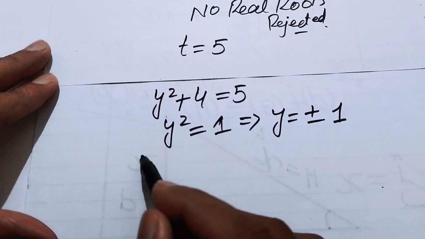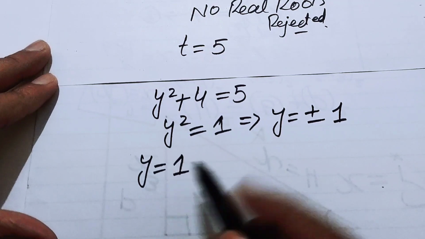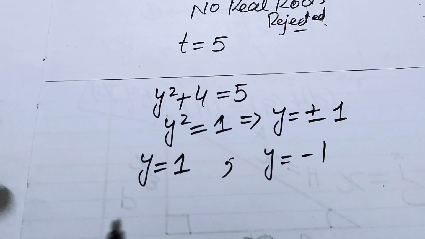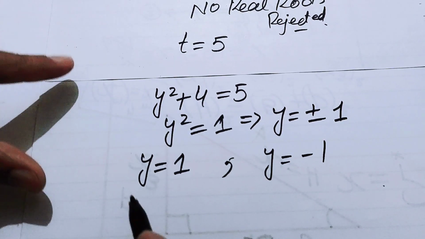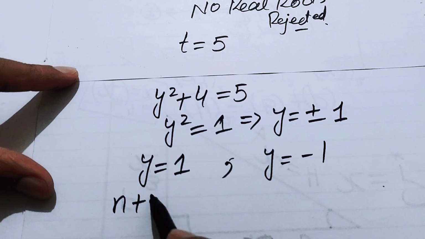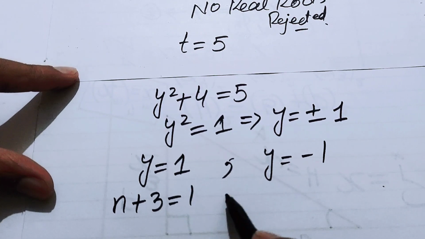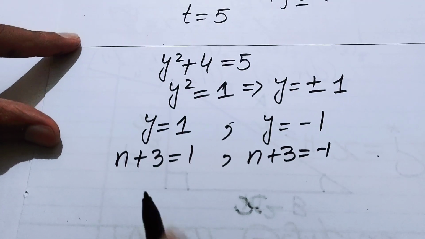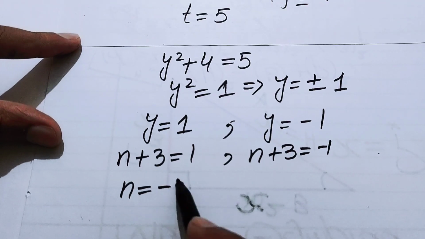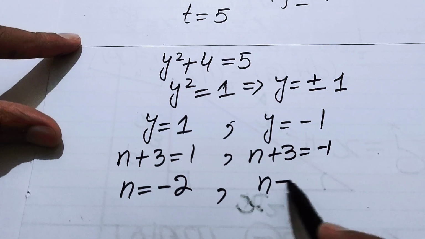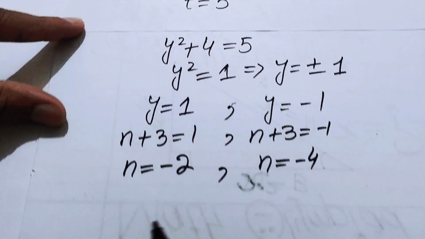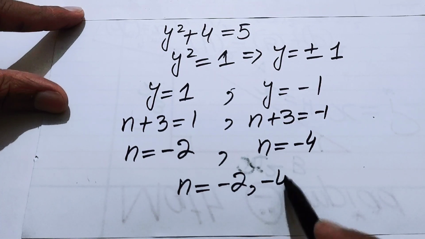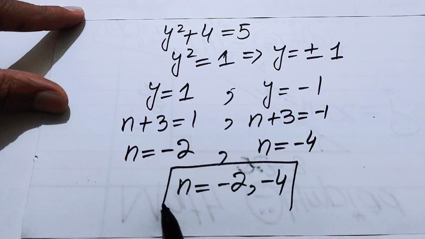So now we break these two values, and here I can write first y equals plus 1, and now we write y equals minus 1, and now again we back substitute the value of y, and you see in the start of the problem we have y equals n plus 3, so n plus 3 equals 1, and similarly n plus 3 equals minus 1. So here you get n equals minus 2, and here you get n equals minus 4. So finally we say that n equals minus 2 and minus 4 are the solutions of the given problem.